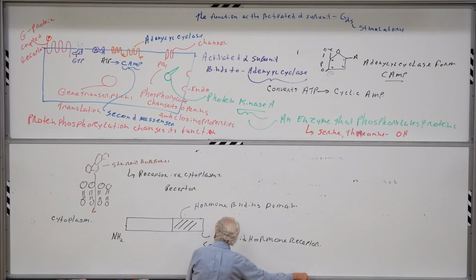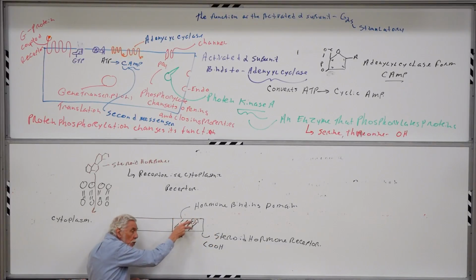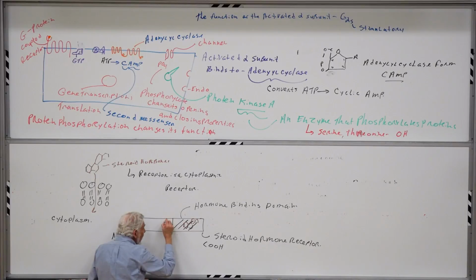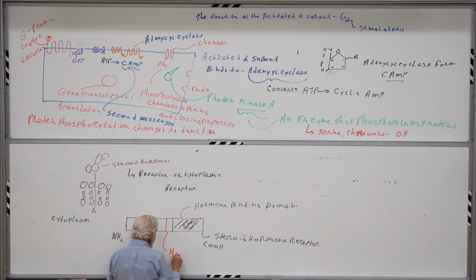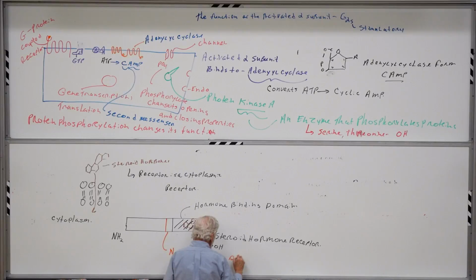So the hormone will come into the cell and bind to this site. The binding of the hormone to this region of the receptor activates a region here called the nuclear access domain.